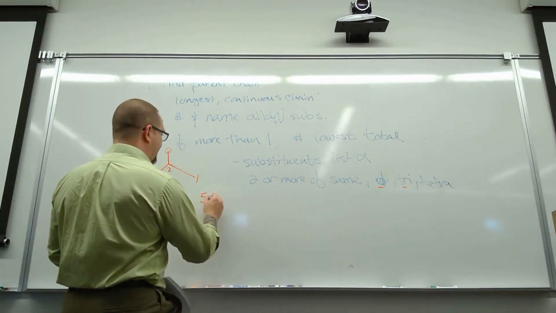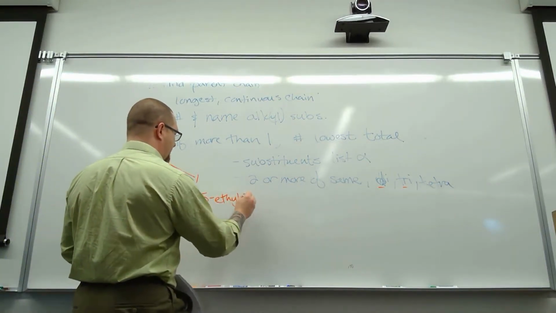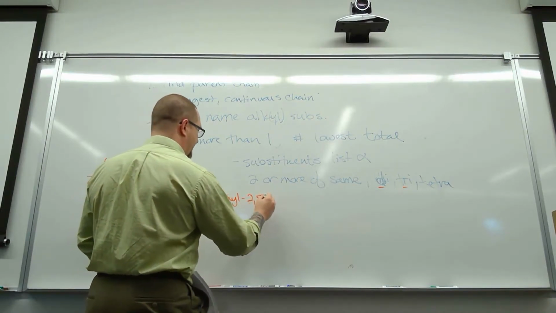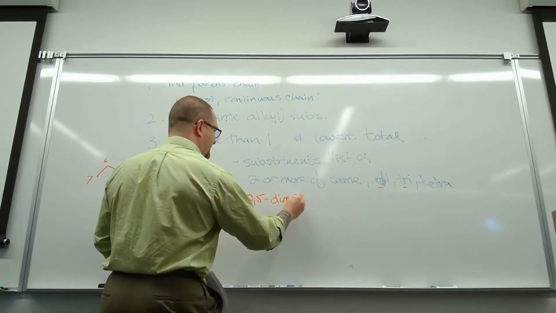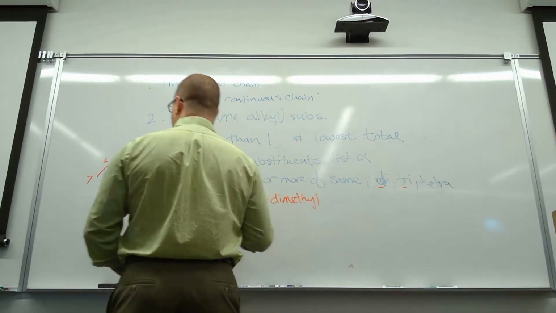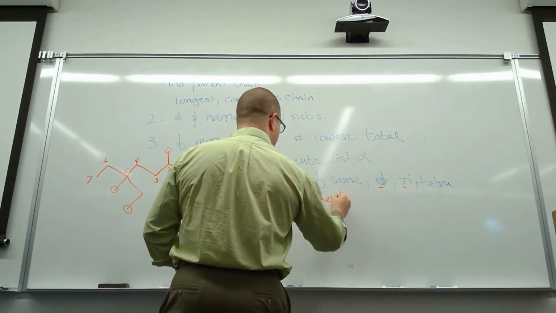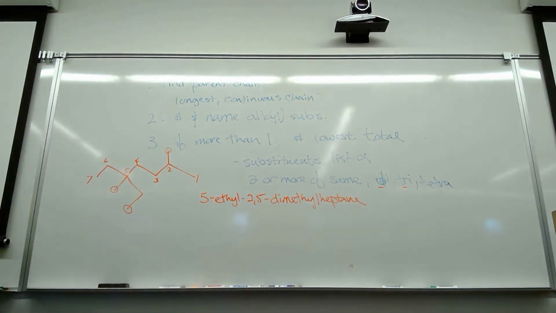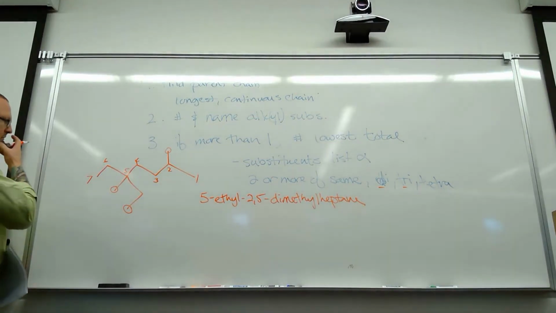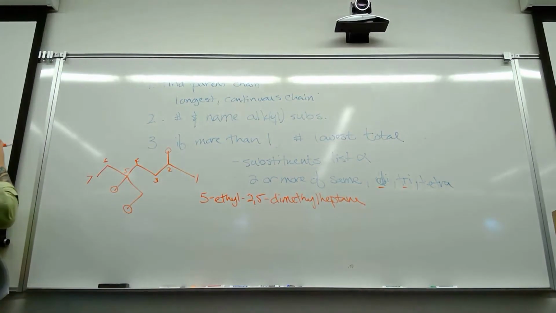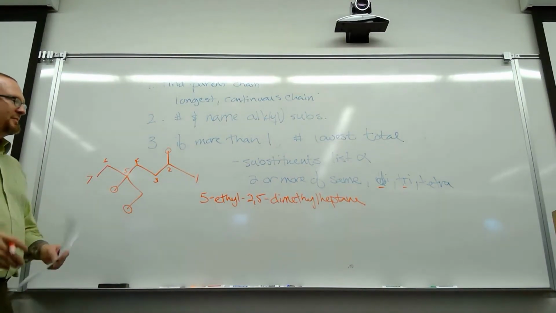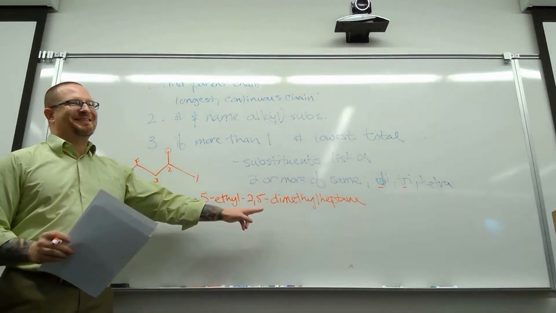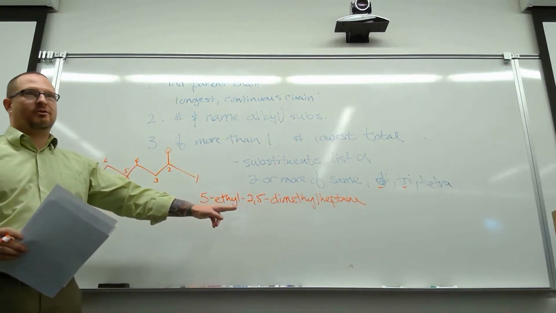So this is going to be a 5-ethyl-2,5-dimethyl. How many carbons do we got? 7, heptane. The numbers don't go in order exactly, necessarily.